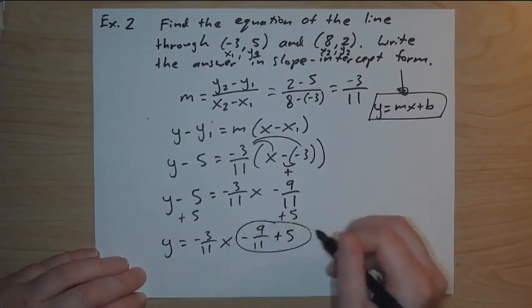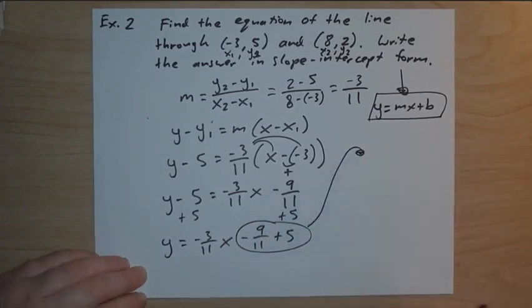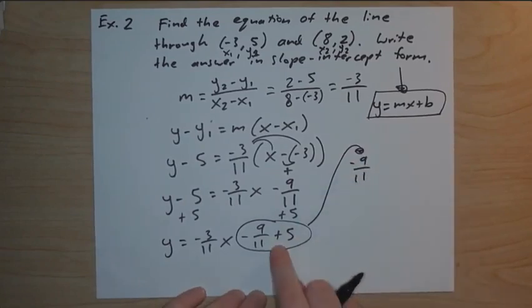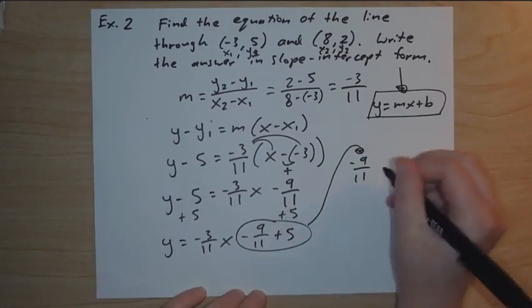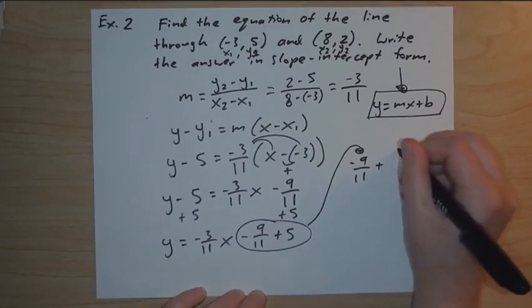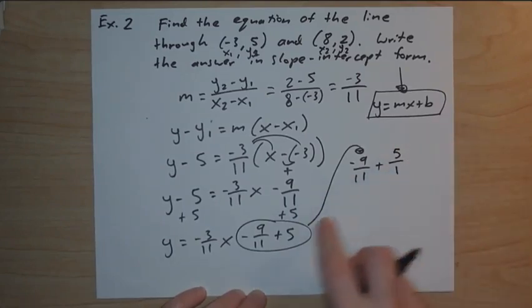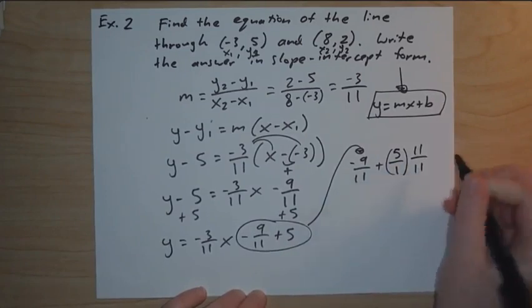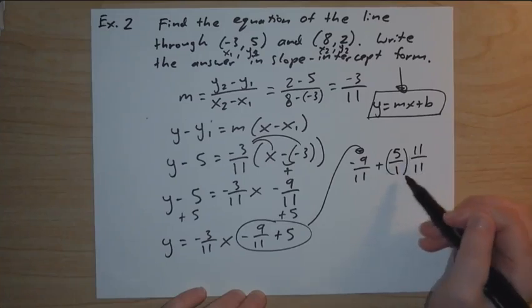I'm going to take this little part over here to simplify it. So -9 over 11, to add these two things, we need to have the same denominator, which means we need to have 5 to have a denominator of 11. To do that, I'm going to multiply 5 over 1, which is 5, by 11 over 11, so that we can have a denominator of 11.